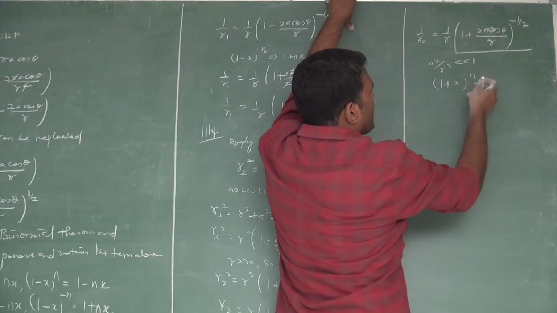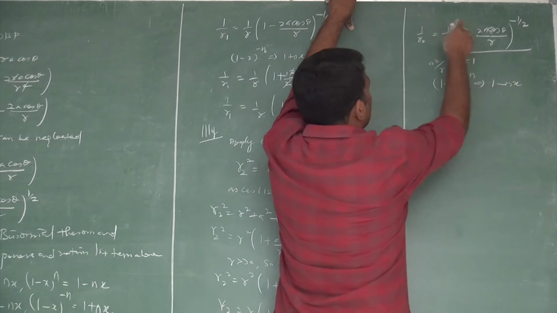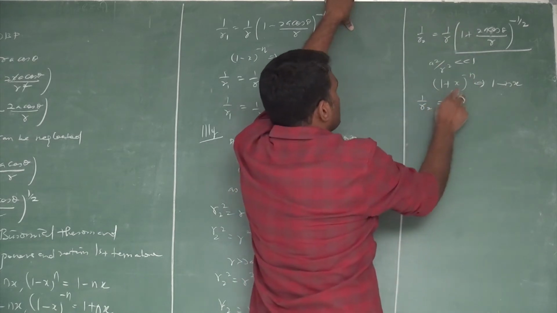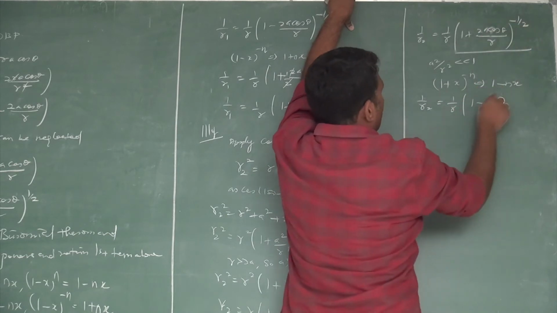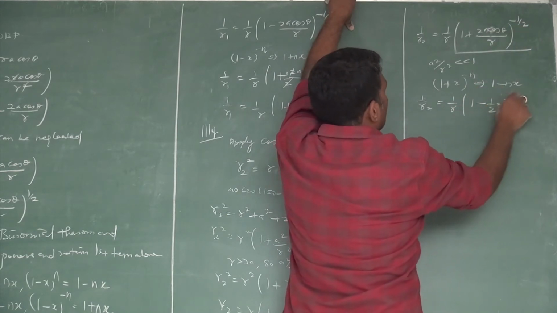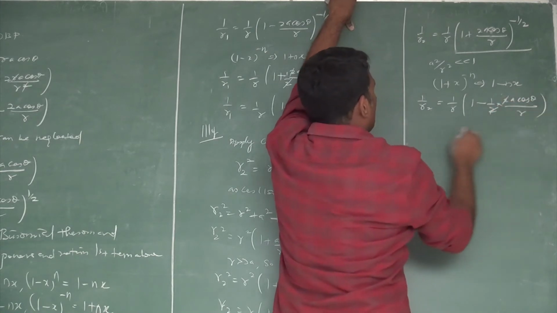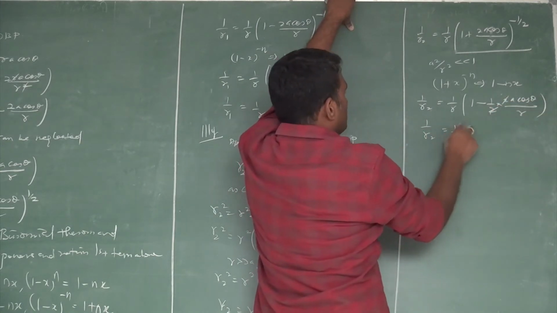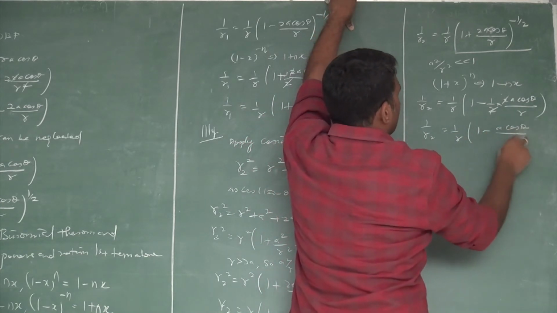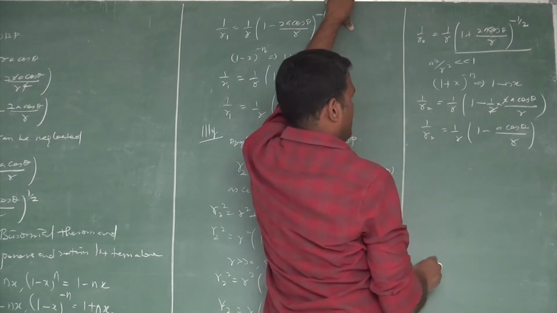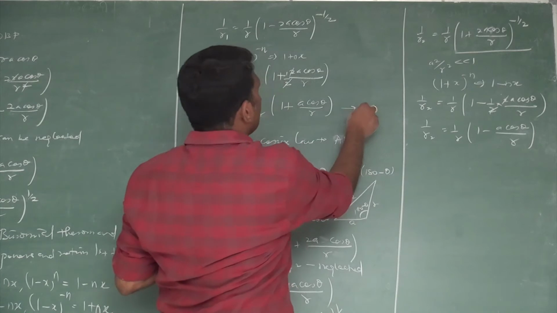By applying the binomial theorem and retaining the first term, we will have 1 minus nx. So 1 by r2 is equal to 1 by r into 1 minus n, which is minus 1 by 2, into 2a cos theta divided by r. 2 cancels out. So 1 by r2 equals 1 by r into 1 minus a cos theta divided by r. So 1 by r1 is obtained.